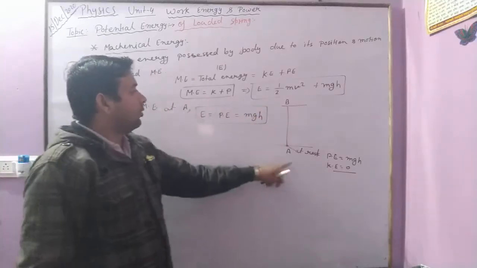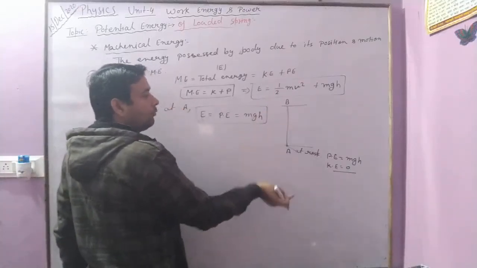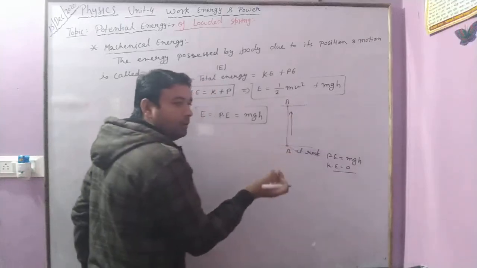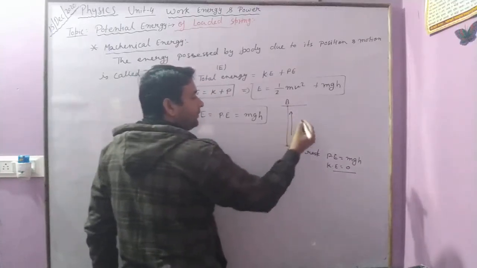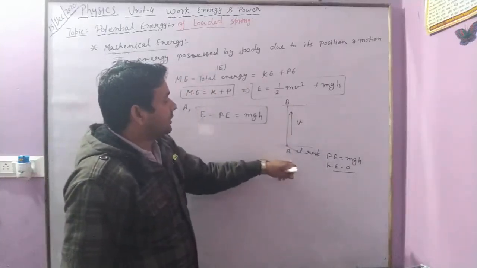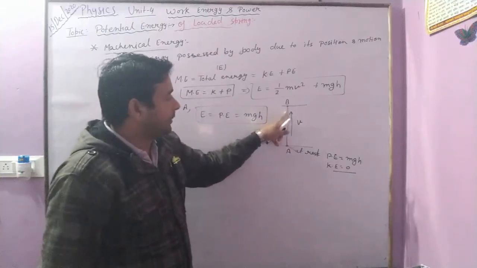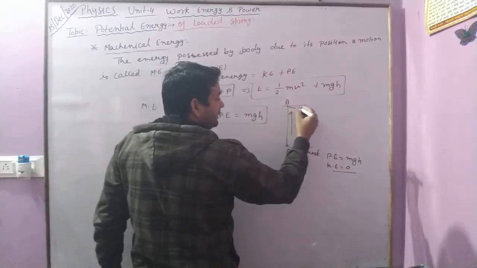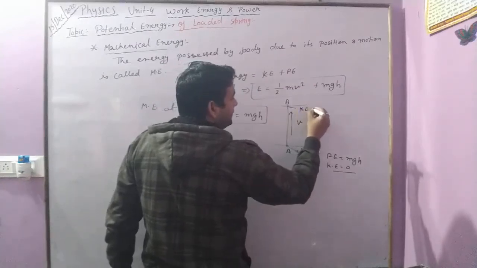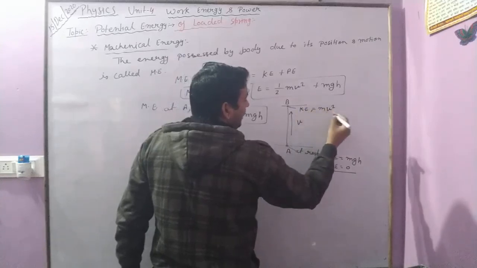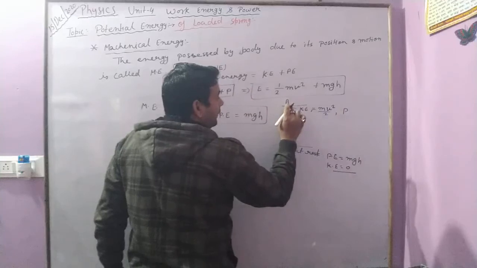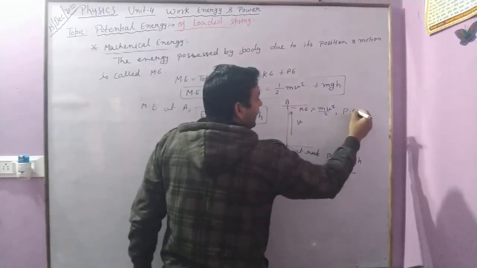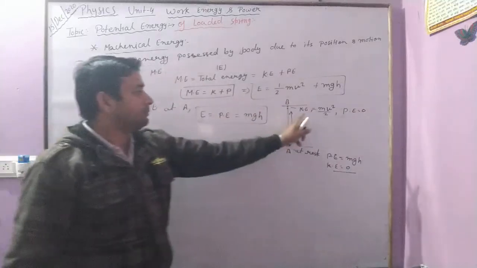Clear? And when the object is thrown vertically and reaches point B, with velocity which is gained by the object at A, let's say V, and just getting the maximum height, its energy is equal to kinetic energy, which is equal to mv square by 2, and before reaching the maximum highest point B, its potential energy is totally converted into kinetic energy.